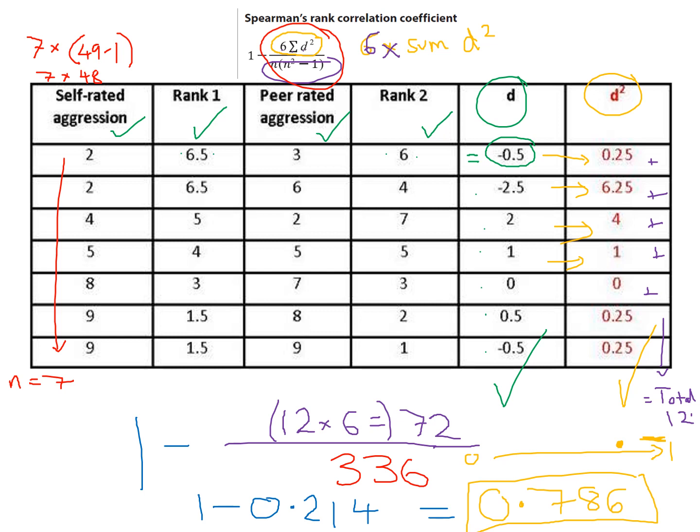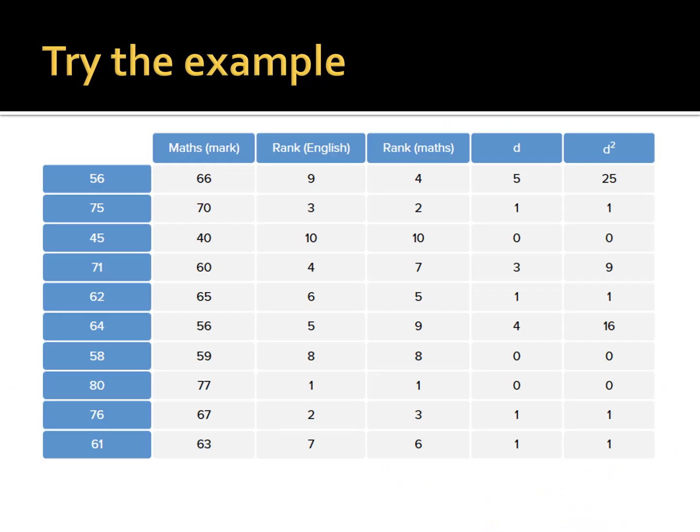So that's the basic principle of the Spearman's rank correlation coefficient. Don't worry too much about it. If you want to go back over it, you can do, but ultimately we will do this again for your biological practical. So if you do want a little bit of practice yourself, you can have another go at this example here.